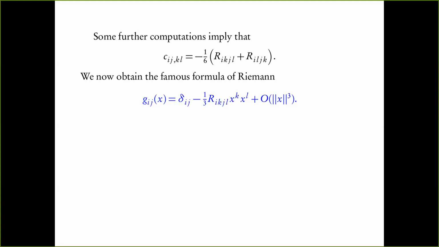So I'll give you a moment to just look at this formula and then I'll make some remarks. This is a very, very beautiful formula. If you're seeing this for the first time, when I saw this for the first time, I was quite blown away with it because I knew a little bit of differential geometry, but nobody had told me that this was something that you can expect in specific coordinates.